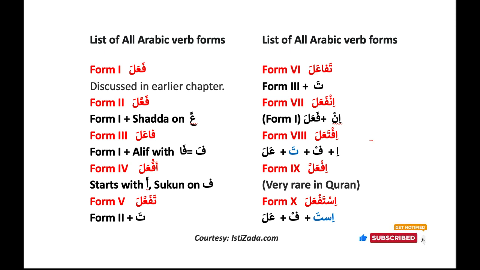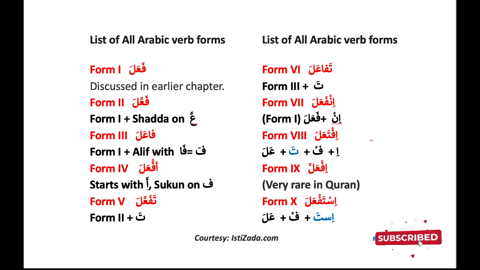Finally, form 10, istaf'ala. You can see the word ista, alif with kasra, sin with sukun, ta with fatha. Ista, it's one unit. Ista is added before fa'ala, but fa has taken a sukun after ista. So istaf'ala. There are examples which you will learn later, like istansara, istaghfara.